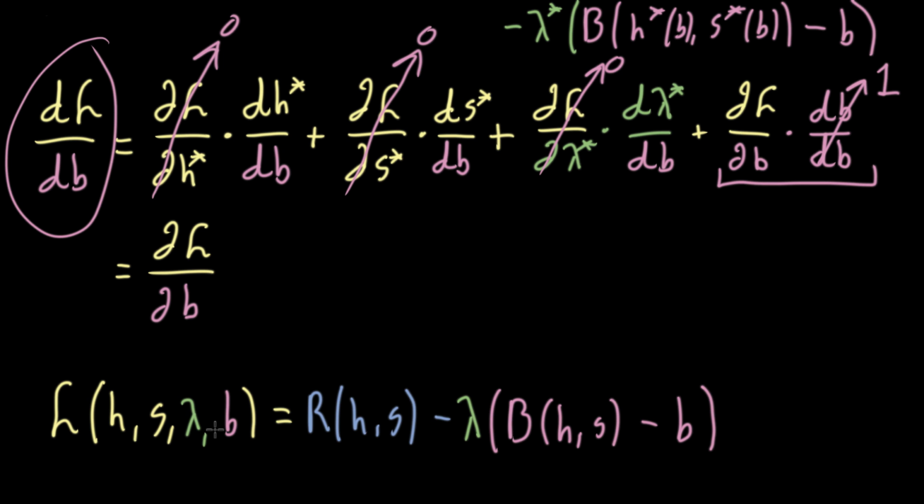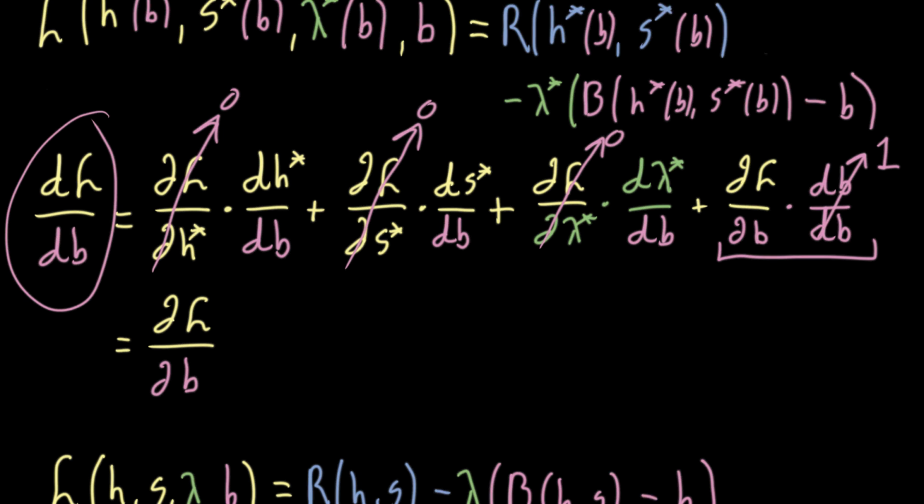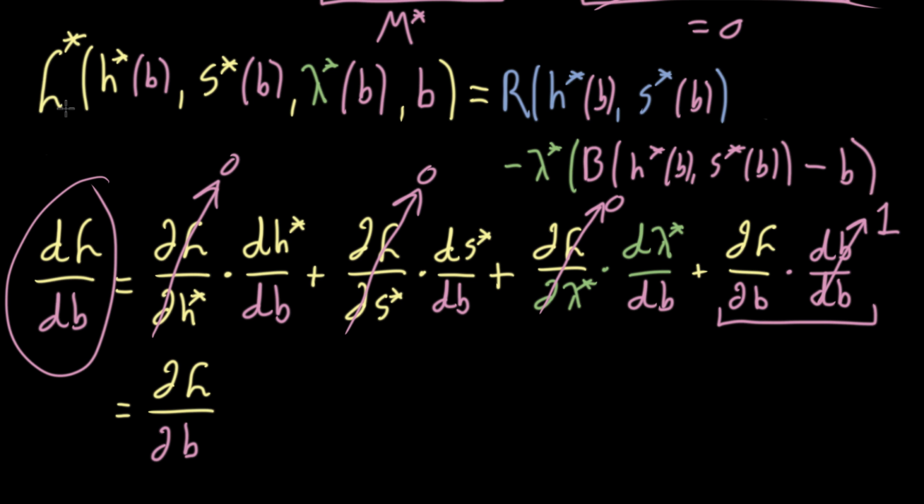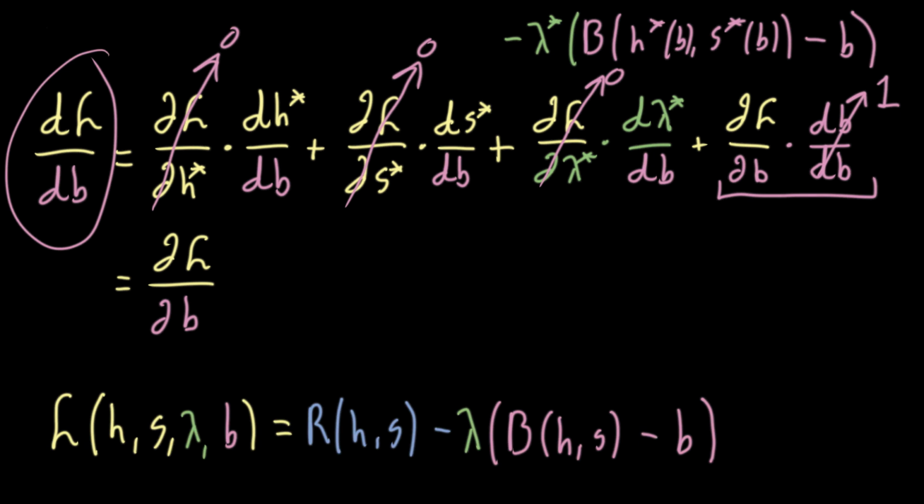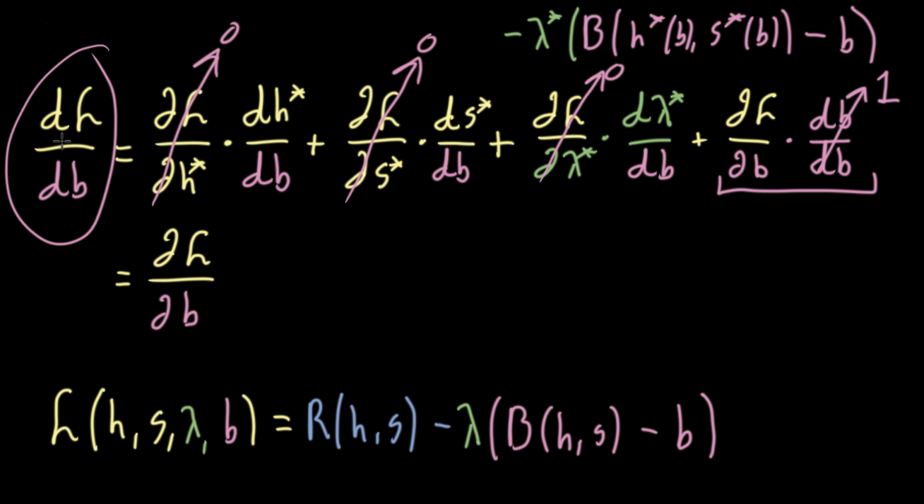So this is the Lagrangian when you consider all four of these to be freely changing as you want, whereas the thing up here that I'm considering a single variable function has three of its inputs locked into place, so effectively it's just a single variable function with respect to b. So it's actually quite miraculous that the single variable derivative of that L star with respect to b ends up being the same as the partial derivative of L, this L where you're free to change all the variables.